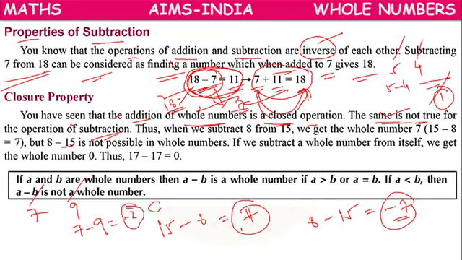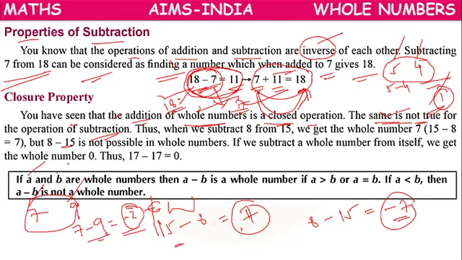Minus 2 is not a whole number. So if the numbers are 5 and 4, the result is a whole number, but if the numbers are 7 and 9, the result is not a whole number.